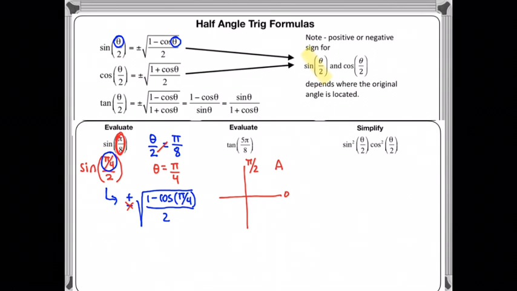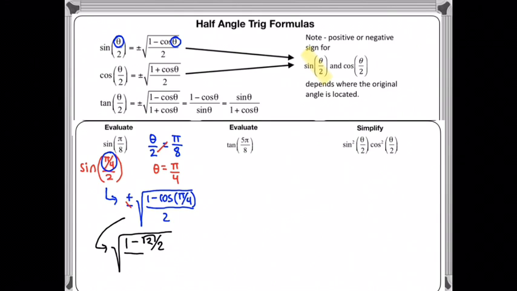We still have a little bit of arithmetic to do. After we drop the negative sign, we have 1 minus the square root of 2 over 2, because that's what cosine of pi over 4 is.